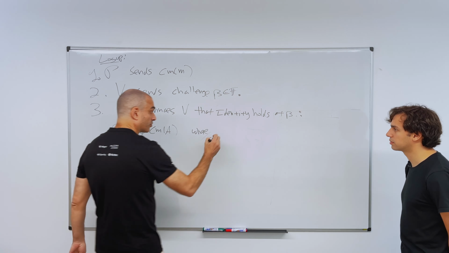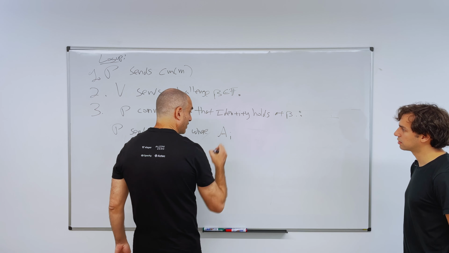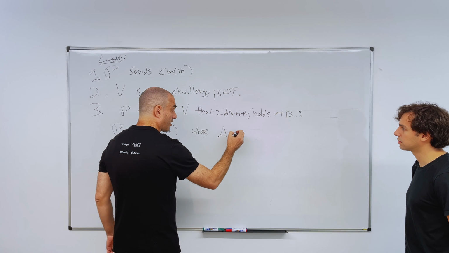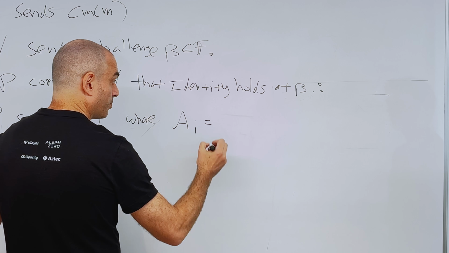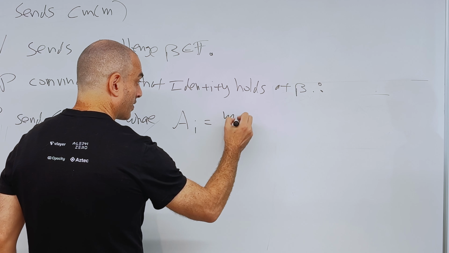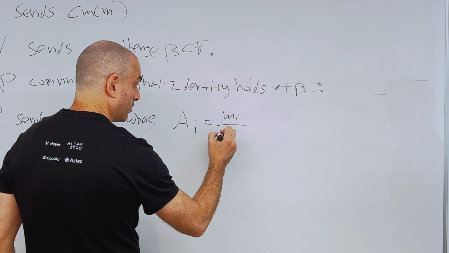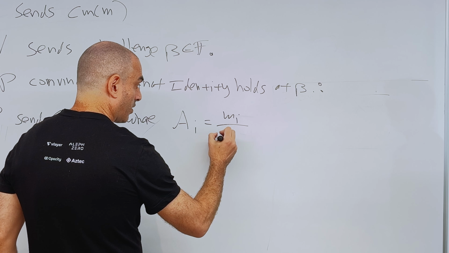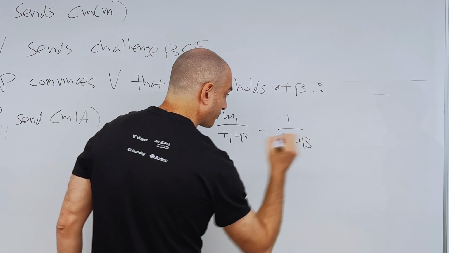So as a vector, A_i, the ith value of A, is going to be m_i over t_i plus beta, minus 1 over f_i plus beta.